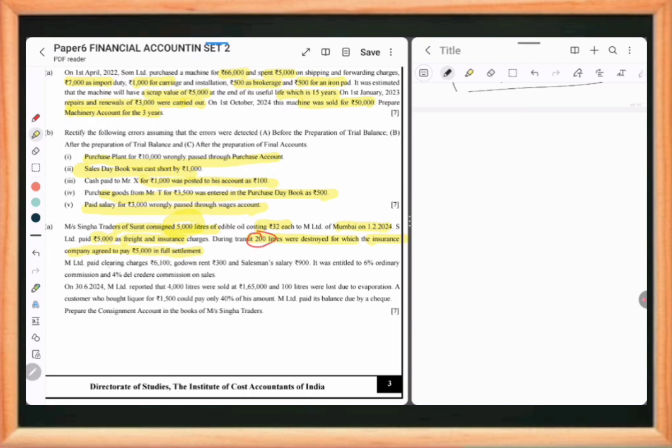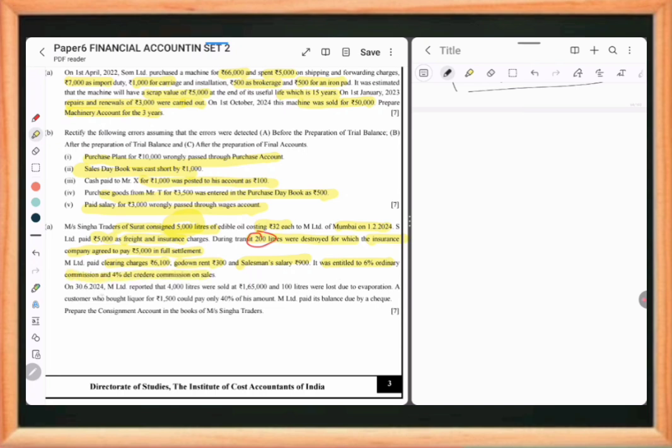M Limited also paid some clearing charges, godown rent, and then salesman salary. So all these expenses will be consignment account debit to consignee, M Limited. He was entitled to 6% ordinary commission and 4% del credere commission.